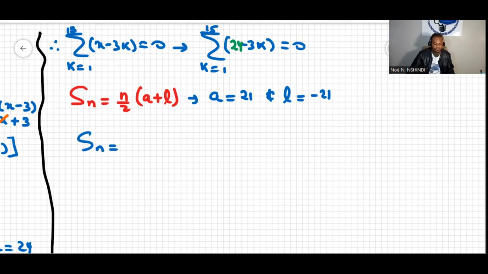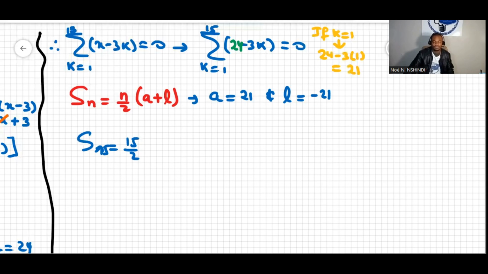So 15 over 2. Actually, n is 15 now. In case someone didn't understand what I did here, I subbed the value of k. When k is 1, you sub 1 there for k. If k is 1, then we have 24 minus 3 times 1, which is equal to 21.